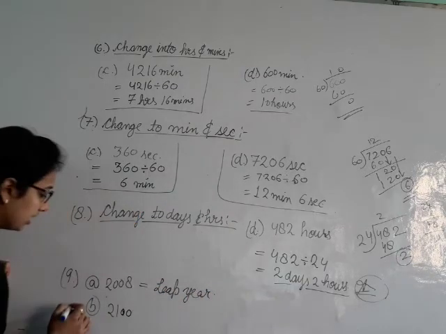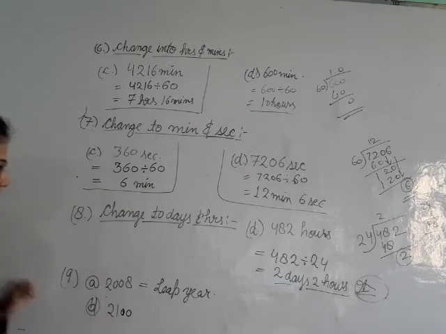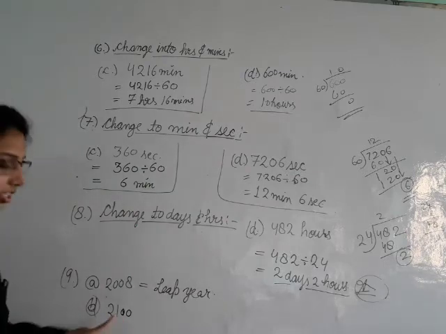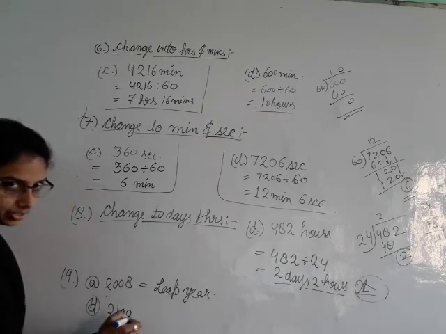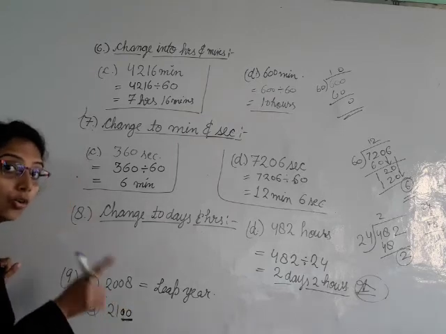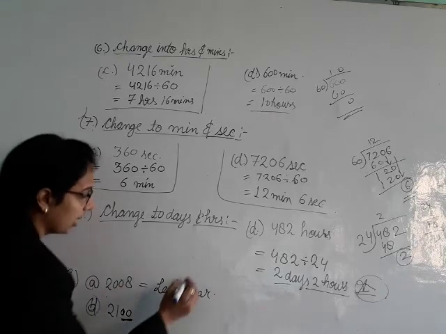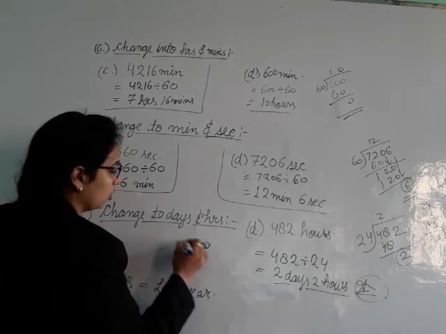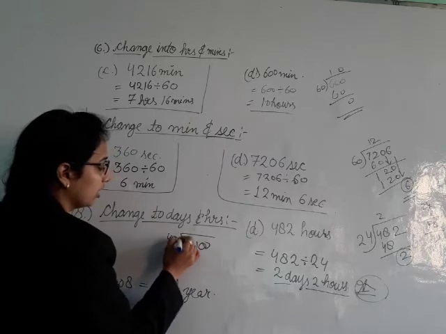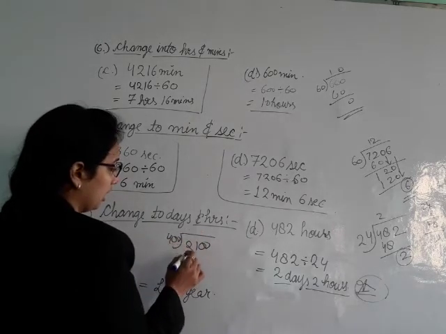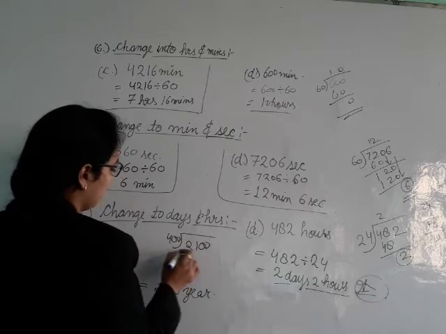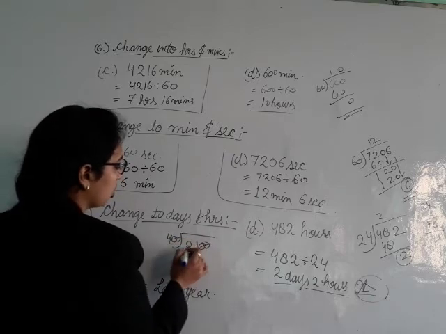And we are seeing the next one, B part, 2100. What I told you just now: if there are double zeros at the end, then we have to divide it by 400. So if we are dividing 2100 by 400, then cut the 2 zeros by 2 zeros.